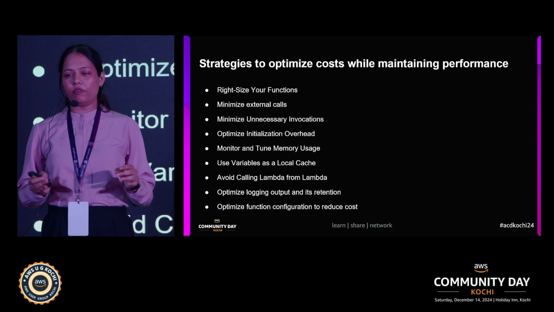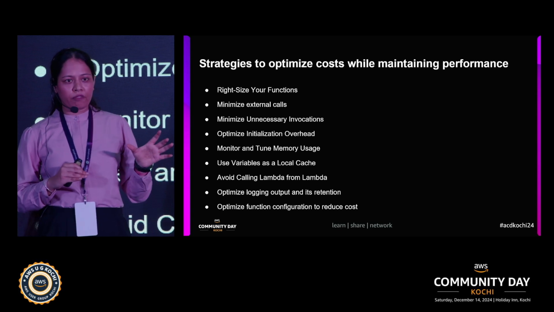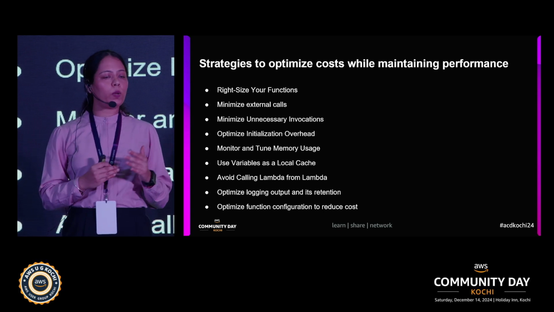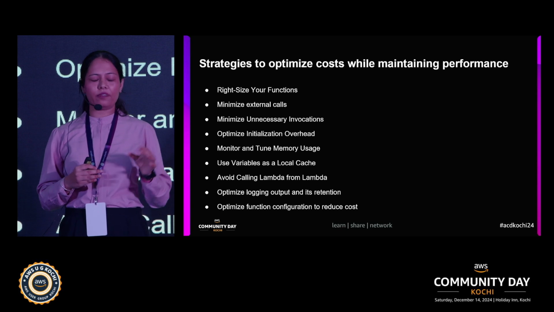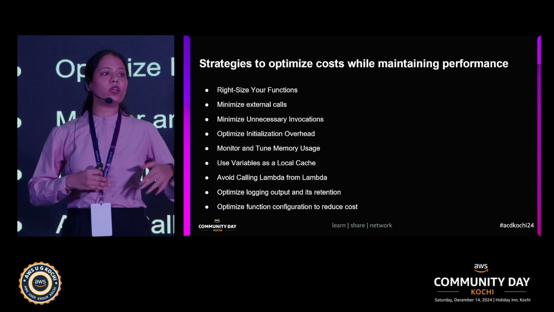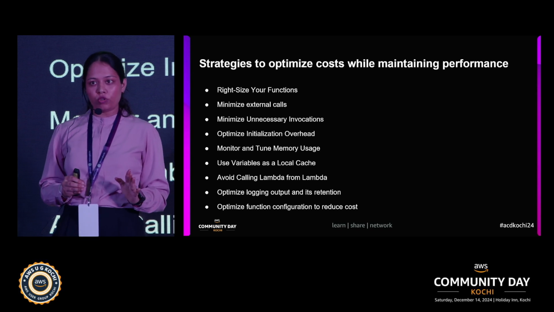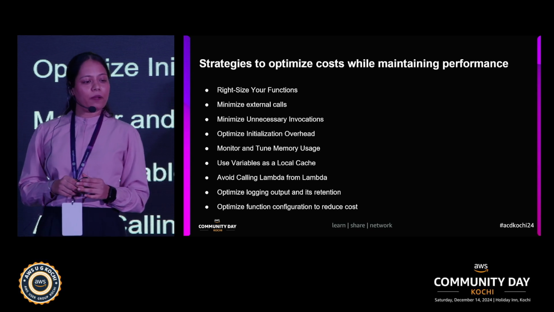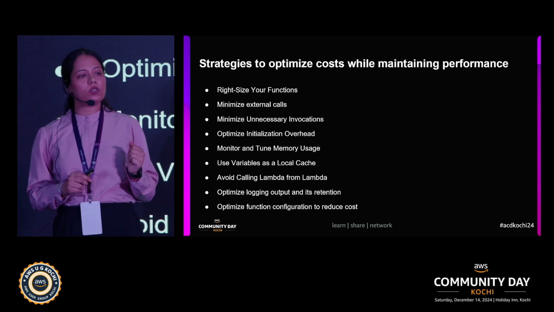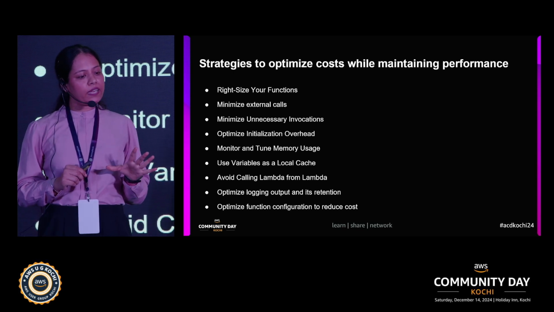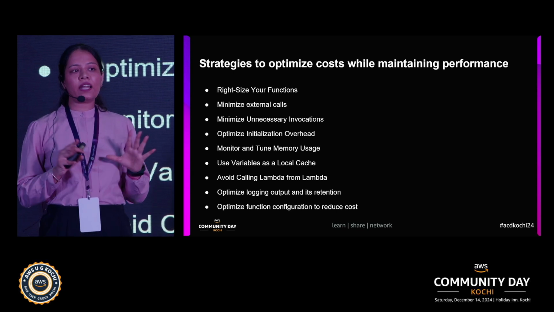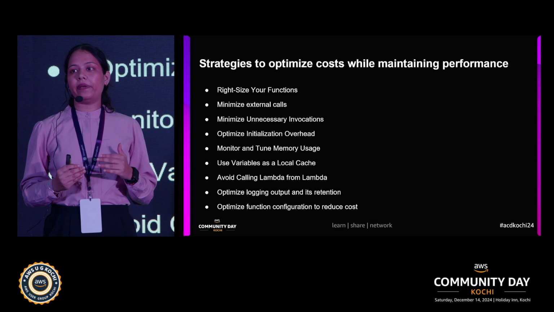Whatever code you have written, whatever logic you have written, it will be getting hit over the API, so you will be getting a cost per hit. In that way, you have to be mindful enough to define the functions or resources. So the first one will be to right-size your function. Just analyze your use case, what will be required.